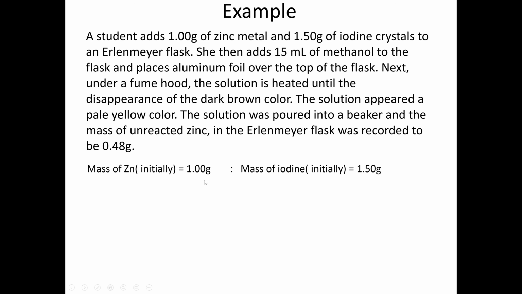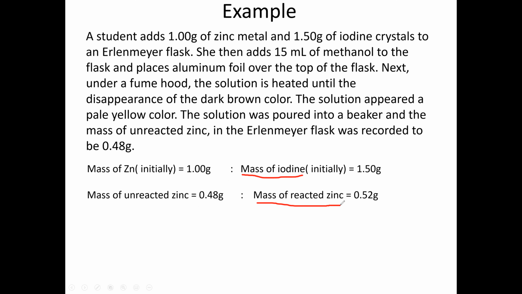So we initially started with 1 gram of zinc. We started with 1.5 grams of iodine. We know the mass of the unreacted zinc. We can find the mass of the reacted zinc by taking the amount we started with and subtracting from it the mass of unreacted zinc. So now we have the mass of iodine and the mass of zinc.